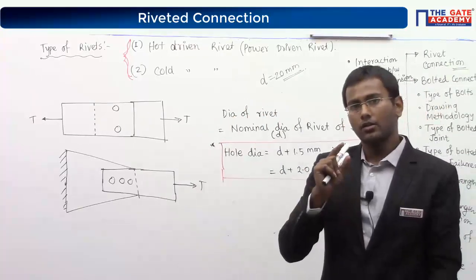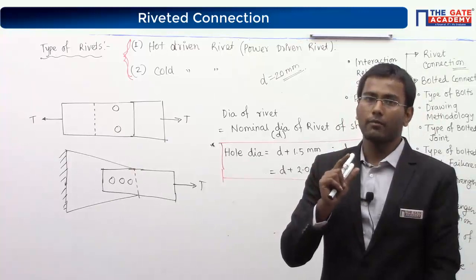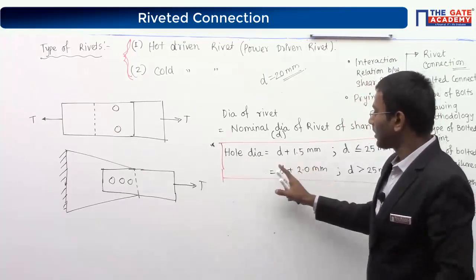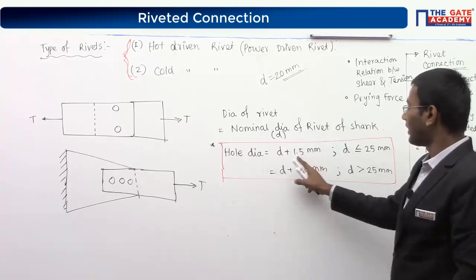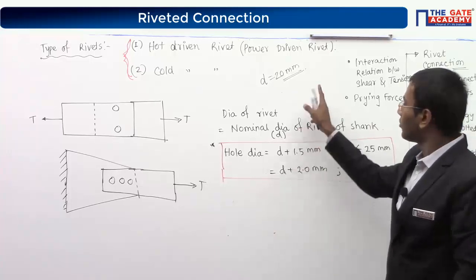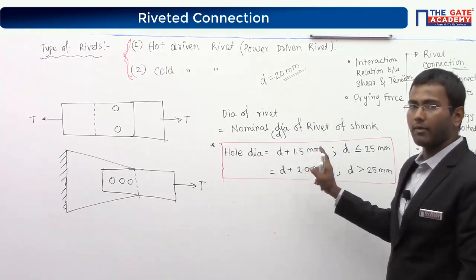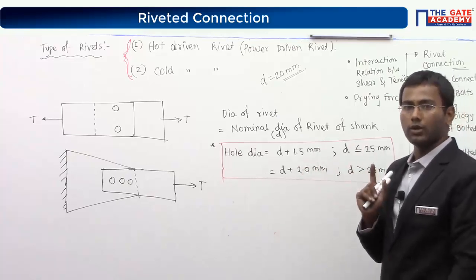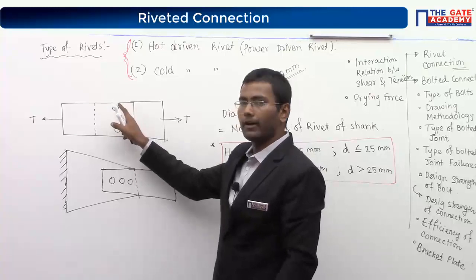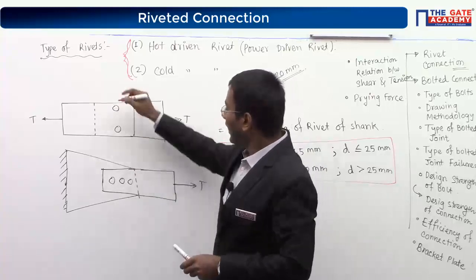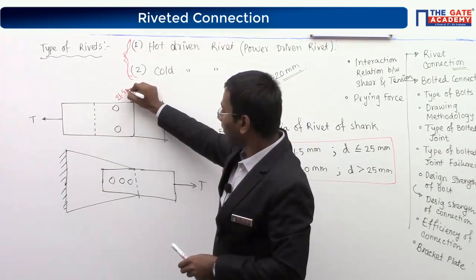So what diameter hole do I have to choose? I have to choose 20 plus 1.5, 21.5 mm diameter hole. So I will first cut the hole here, a hole of 21.5 mm.